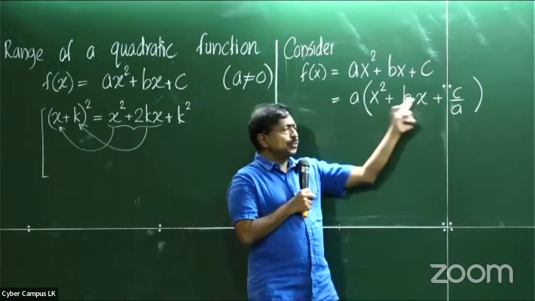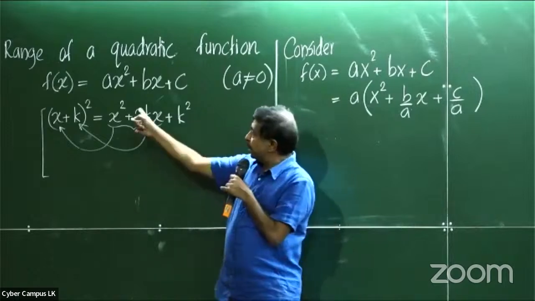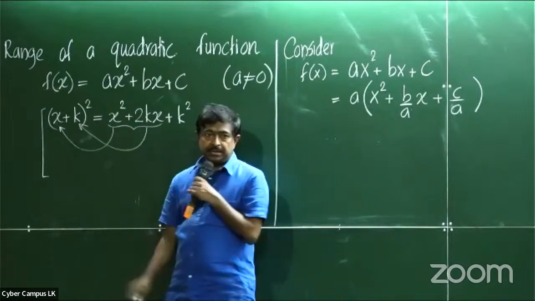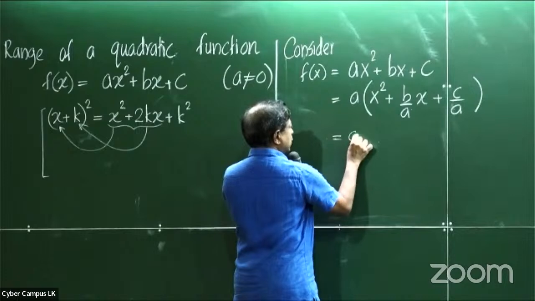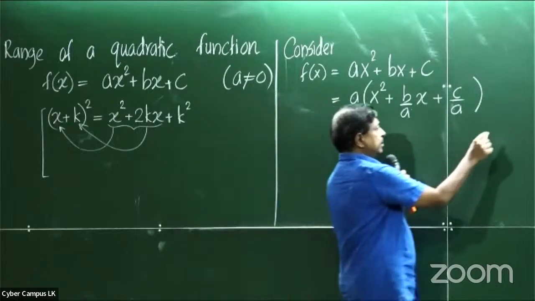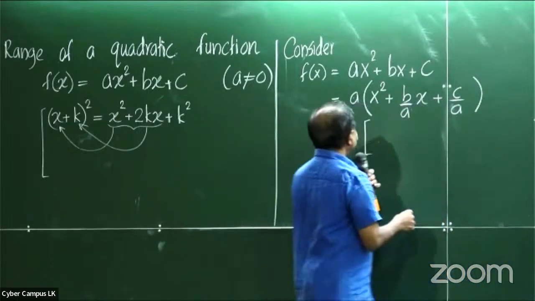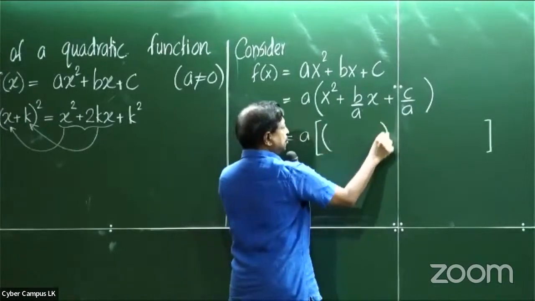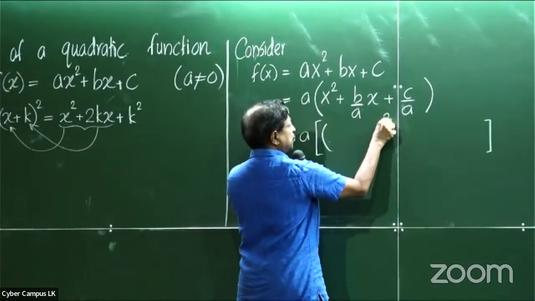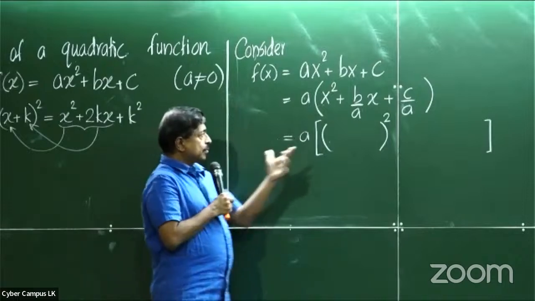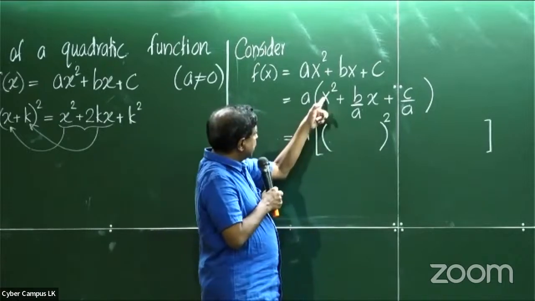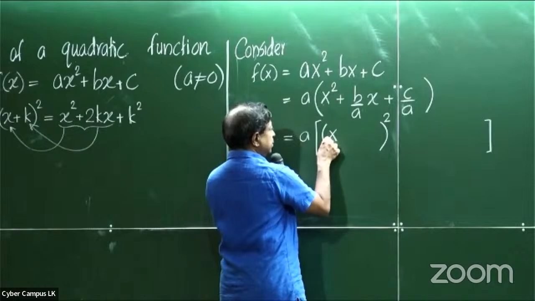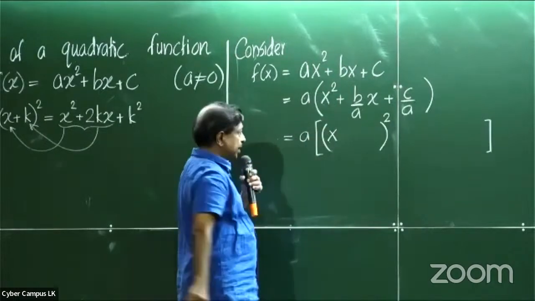Now, using these two, you complete a square, like we observed here. So introduce a square bracket. Now you can express these two so that they are in the square. So you write the square root of x squared, which is x.